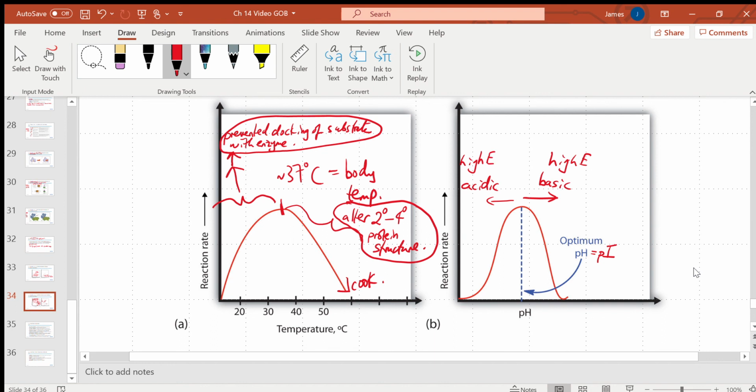This obviously is used a lot in pickling, so if you pickle food to preserve it, you can also pickle here, I believe, as well. Acidic pickling or basic pickling. But you would preserve the food by depriving it of its biological function.